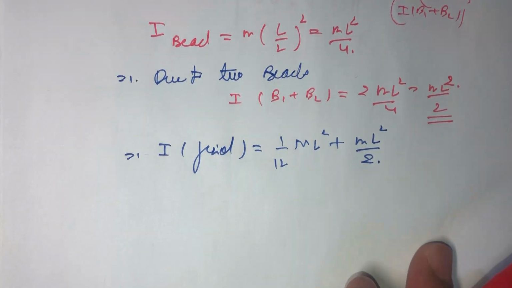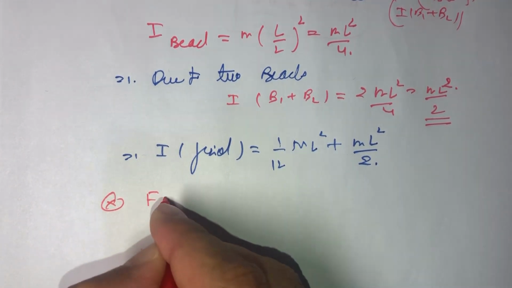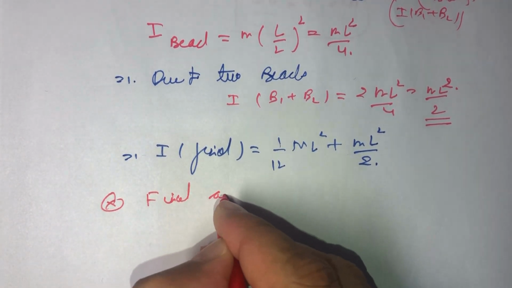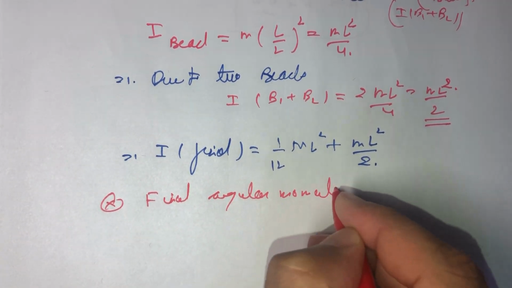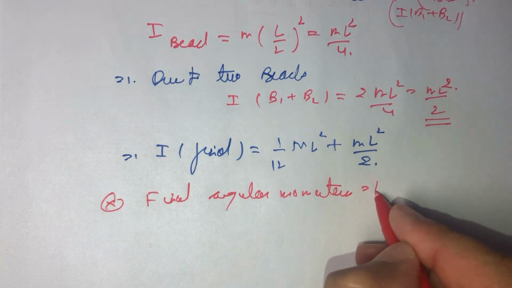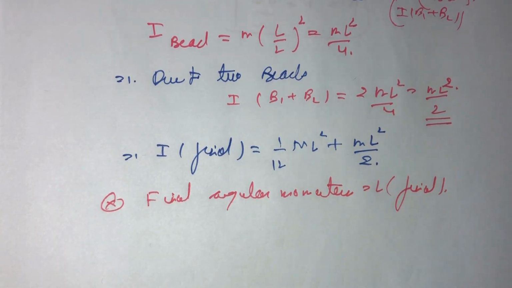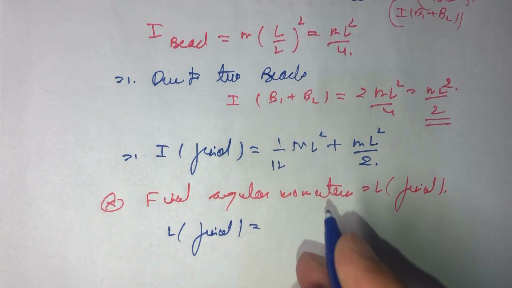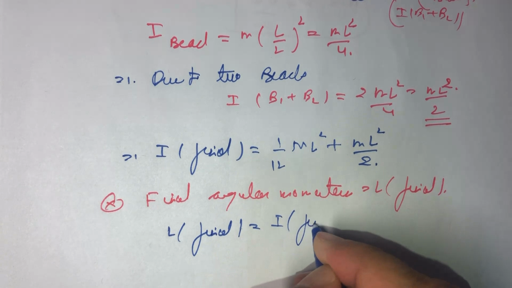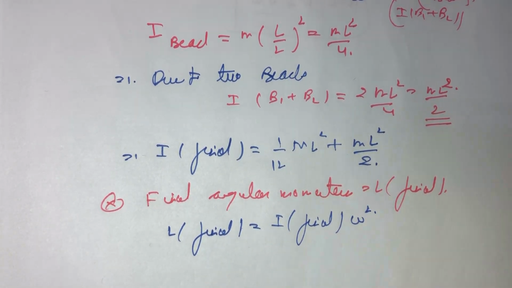Therefore, the final angular momentum, let us call that L final, will be equal to moment of inertia final multiplied by angular velocity, which is taken as omega.